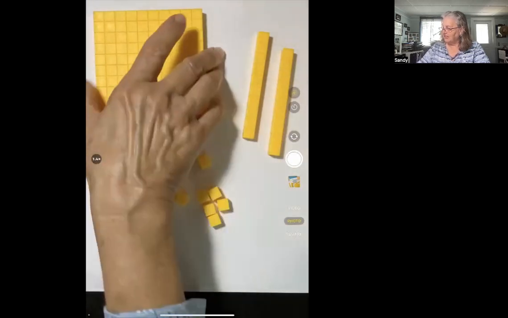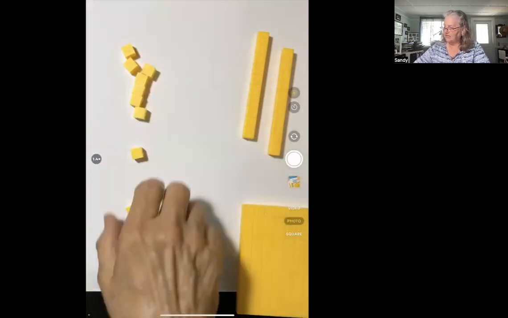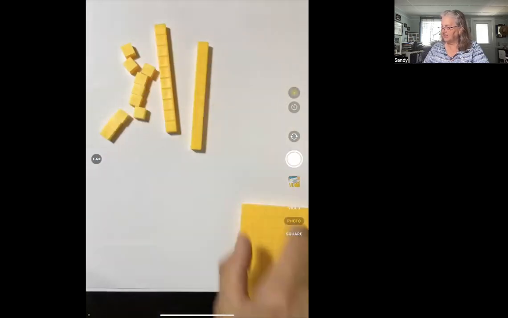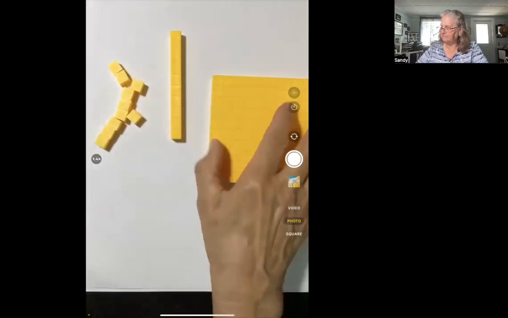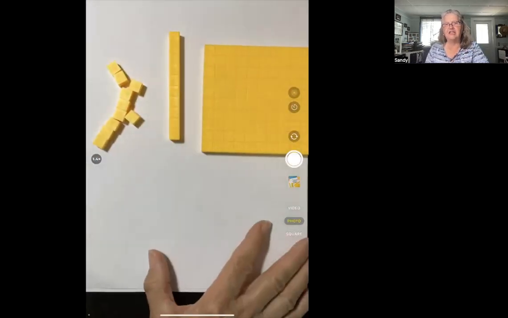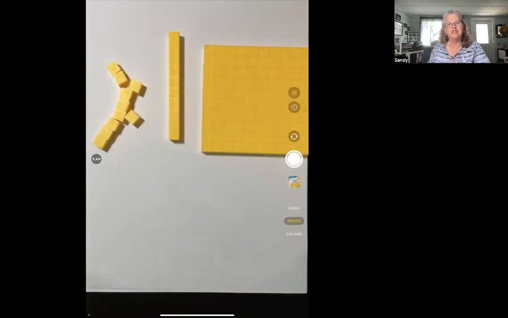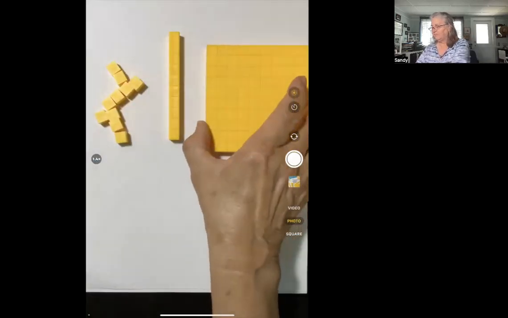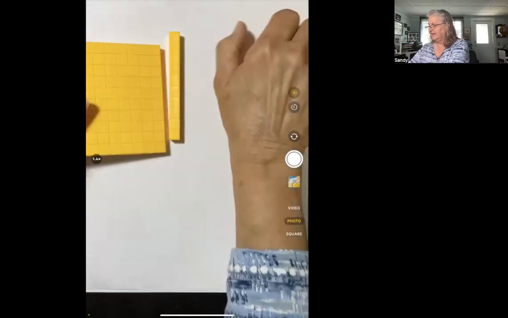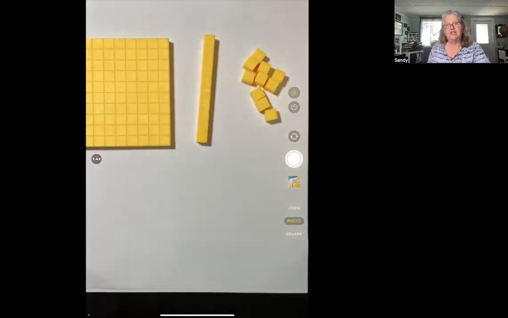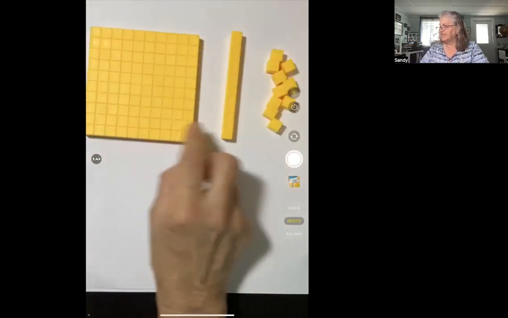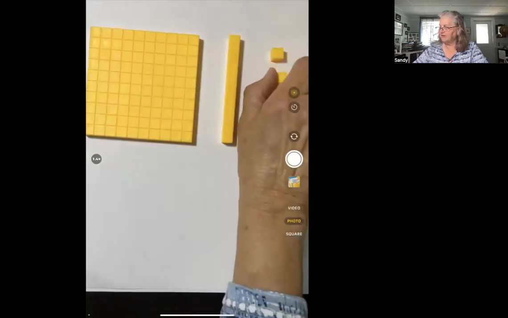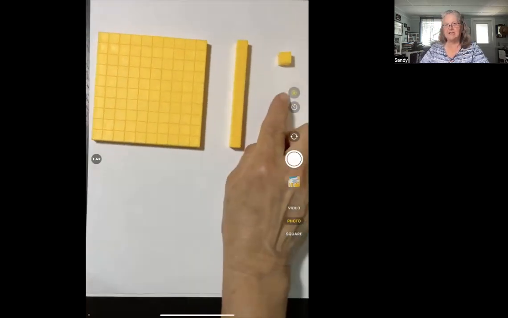Now, think about how nice this is. Here are my ones. Here are some tens. Here are the hundreds. And the nice thing here, if I look at the ones, 10, and 100, see, one of the things we want your children to understand is that as you move over in a place, you want to match the places for the number, that a number in the tens place is 10 times greater than a number in the ones place.